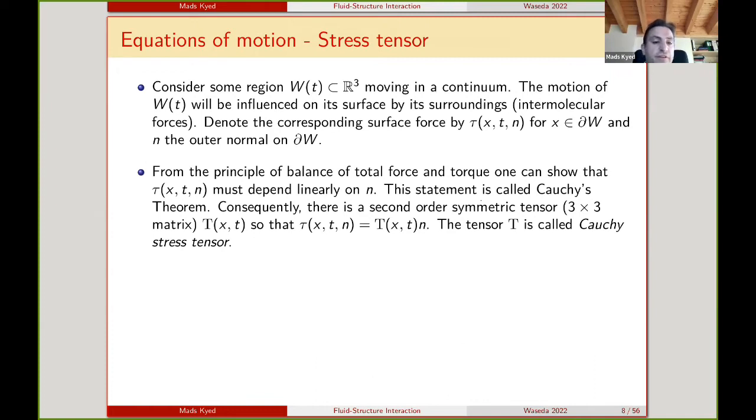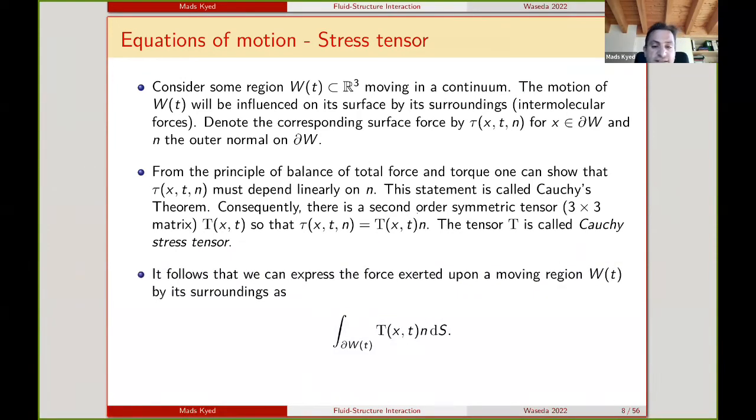This theorem is derived from the principle of balance of total force and torque. So it's basic physics principles that tell us that there is a symmetric tensor, a 3x3 matrix if you like, so that our surface force can be written as this tensor times the normal vector. This tensor is called the Cauchy stress tensor.